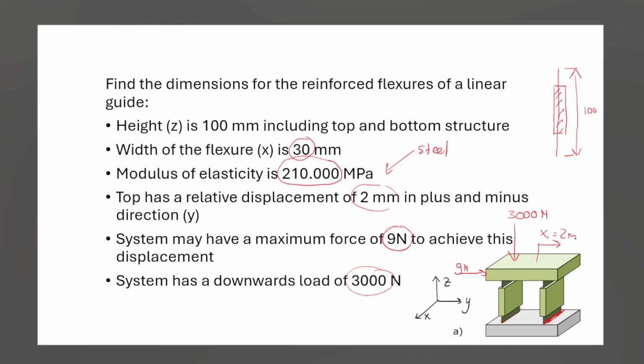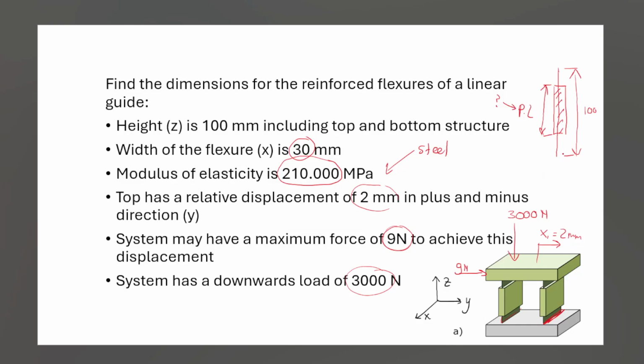So what you will find is that we have two variables that we really don't know. One variable is the value for P times L, so the value for P is unknown. P is always a factor, so if L is 100 and P is 0.8, that means 80% of the flexure needs to have this reinforcement.